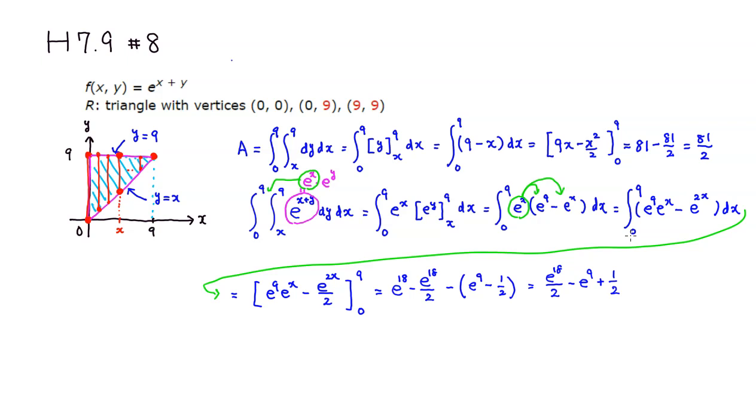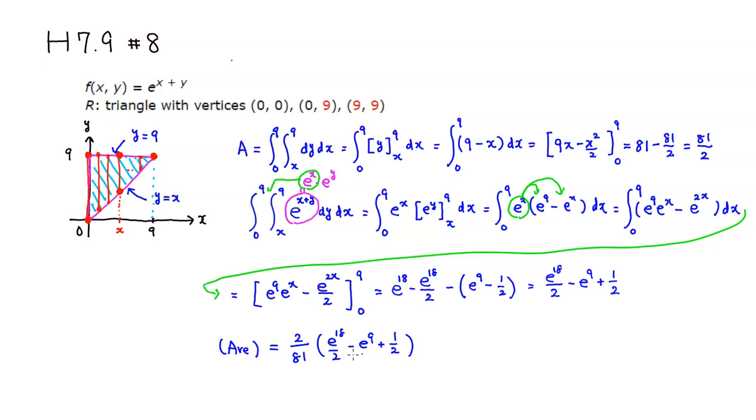Then we just want to find the average. We take this and divide by 81 over 2. We can simply multiply by the reciprocal, so you have 2 over 81 times e to the 18 over 2 minus e to the 9 plus 1/2.